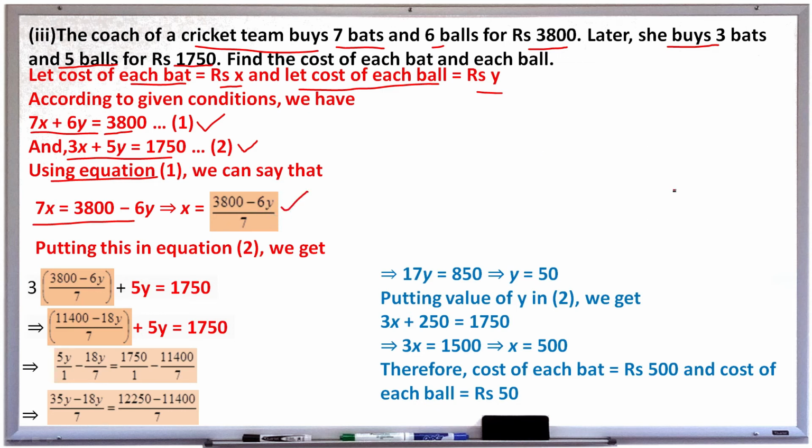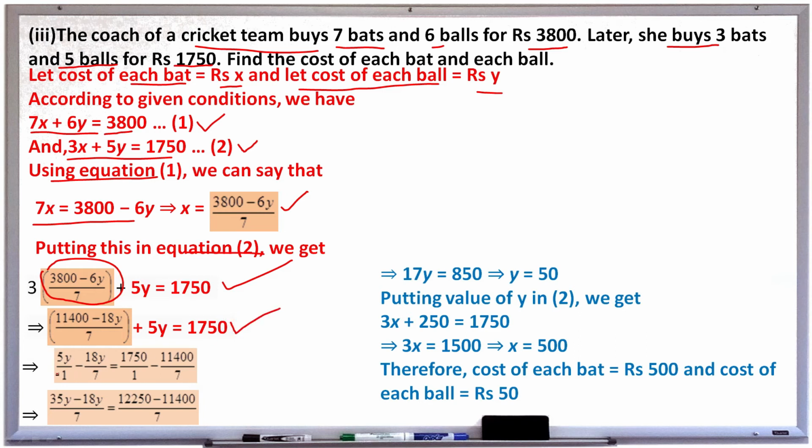Putting this x value in equation number 2, 3 into the x value, you will get like this. Then 3 is multiplied inside, you will get 11400 minus 6, 3s are 18y, by 7, plus 5y is equal to 1750.